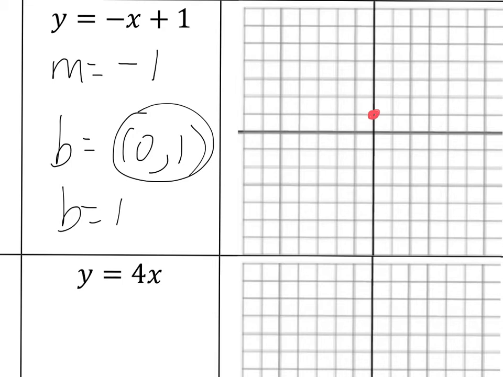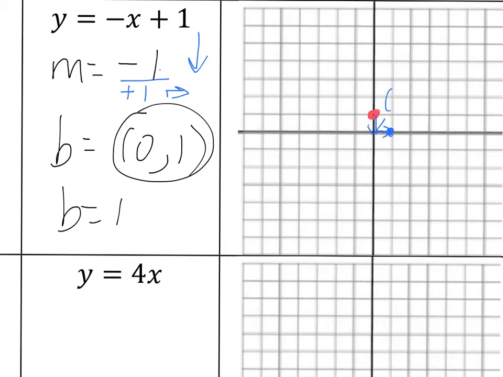And because my slope is -1, the denominator is 1. Because it's negative, I need to move down the y-axis 1 unit. And then because it's positive 1 in the denominator, I need to move 1 unit to the right. And that's my point.